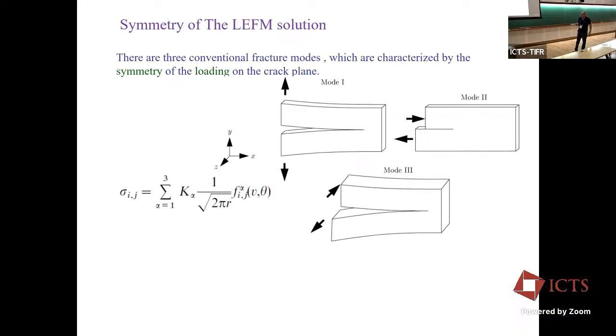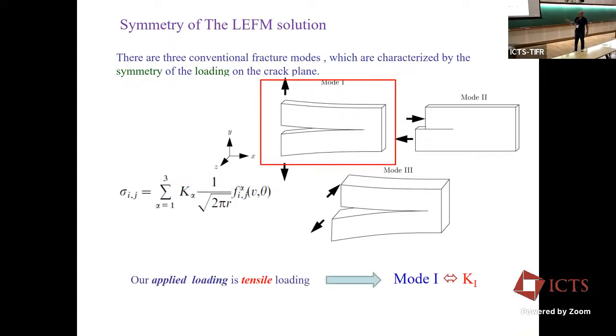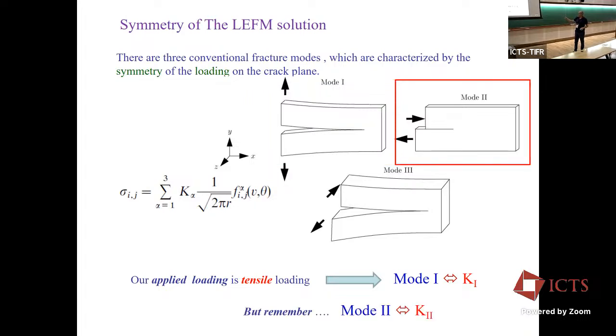Okay. Now, yesterday, we talked about mode 1 or pure tension. And today, we're going to bring into account small perturbations of shear, mode 2. And we'll see how that affects garden variety cracks. So our applied loading is totally tensile, that's mode 1.